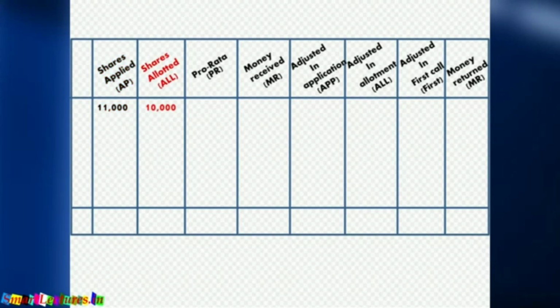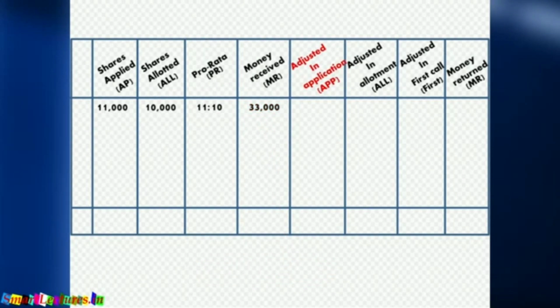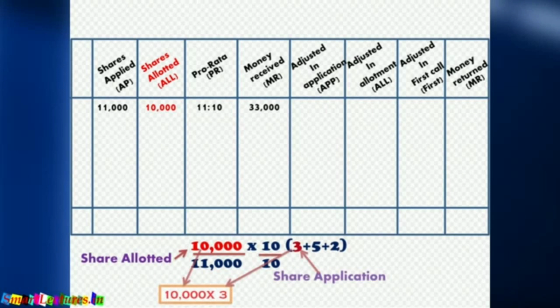So in the first column, in this situation, shares applied are 11,000 shares, shares allotted 10,000 shares, pro rata is 11:10, and money received will be 11,000 into 3, 33,000 rupees. Money adjusted in application: because the company has allotted only 10,000 shares, the company cannot keep more than 30,000 rupees for application, means 10,000 into 3, 30,000 rupees.